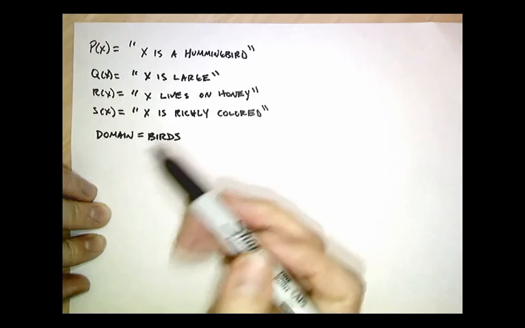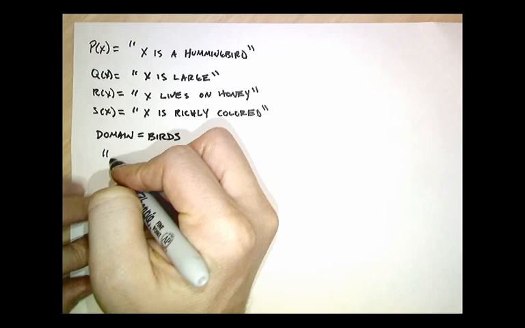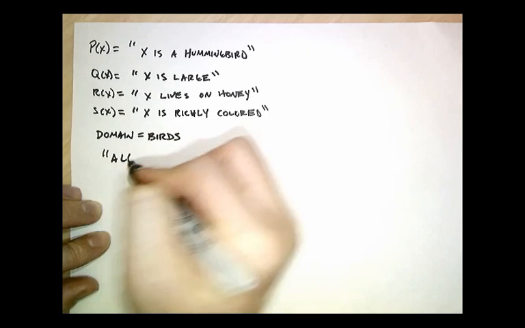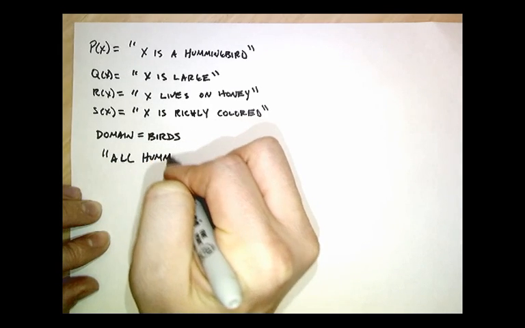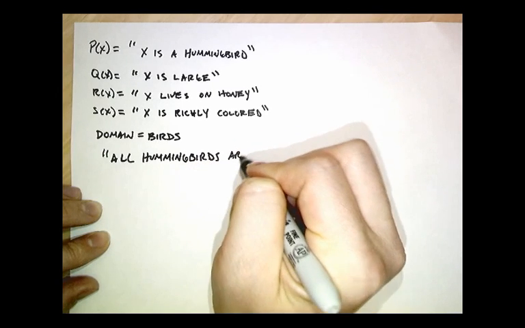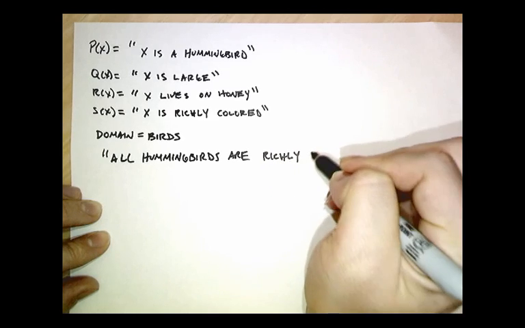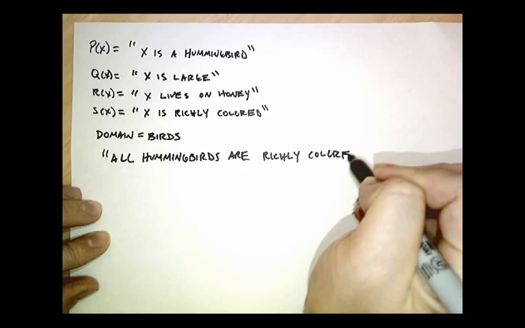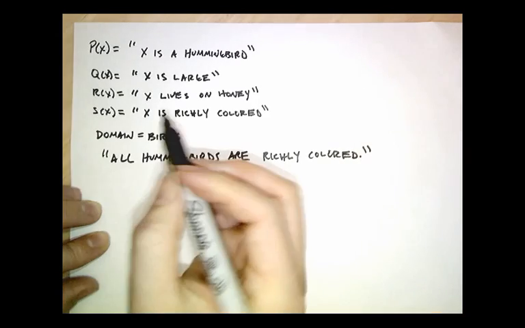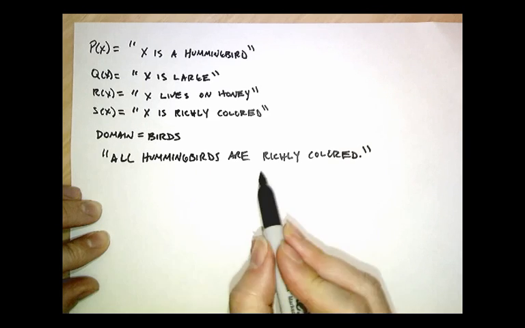Okay? So here's a statement we'd like to translate into mathematical notation. All hummingbirds are richly colored. Okay, so how do we write that all hummingbirds are richly colored?